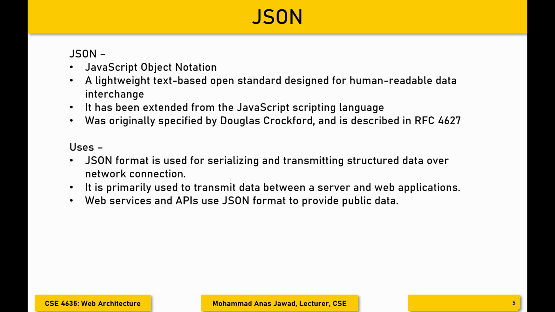Suppose you are developing a web application that is going to show the current weather of some city that has been chosen by your client, and it's essentially going to show the weather information to the client. Now your web application at first has to get the weather data, right? It has to at first extract the weather data from some kind of server, and then it can show that data to the client.